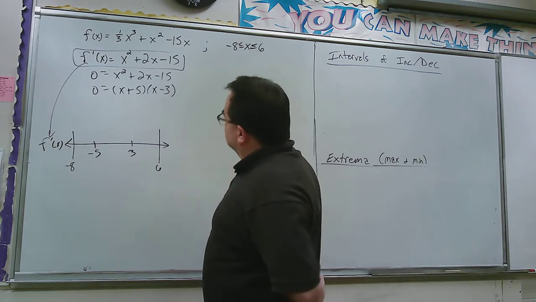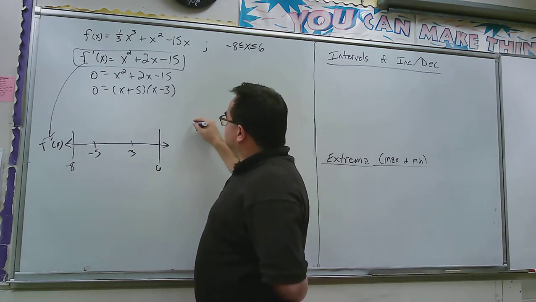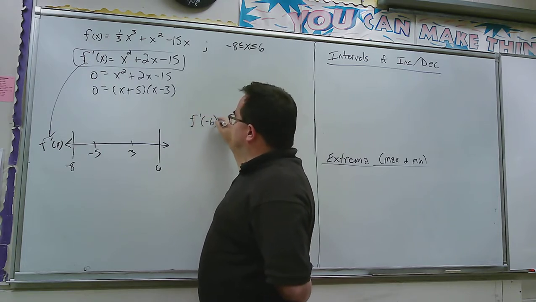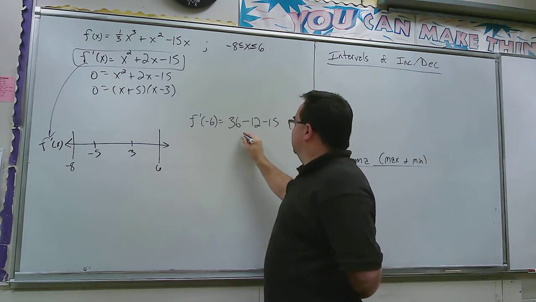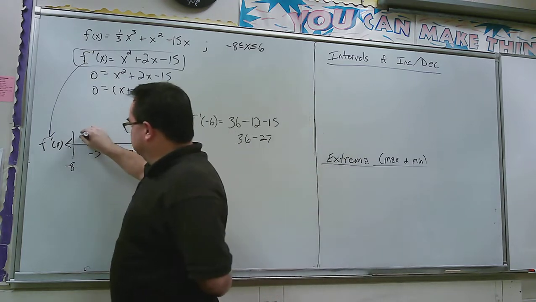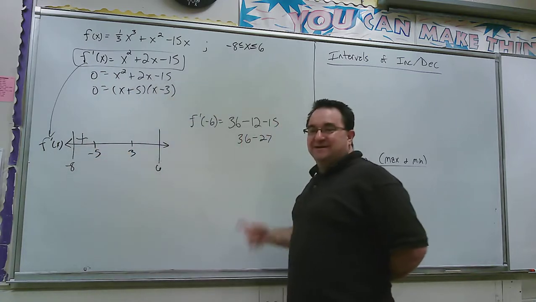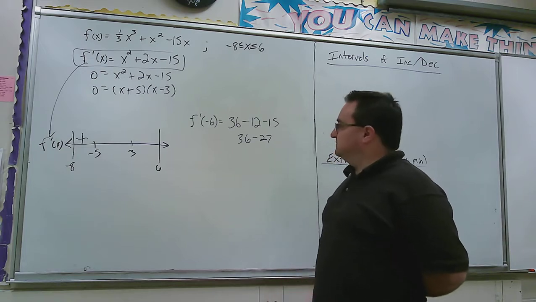So this is side work. I'll have to erase it. I'm going to plug in -6. So the first derivative of -6 would be 36 minus 12 minus 15, which is 36 minus 27. That is positive. I don't really care what it is, I only care that it's a positive answer.